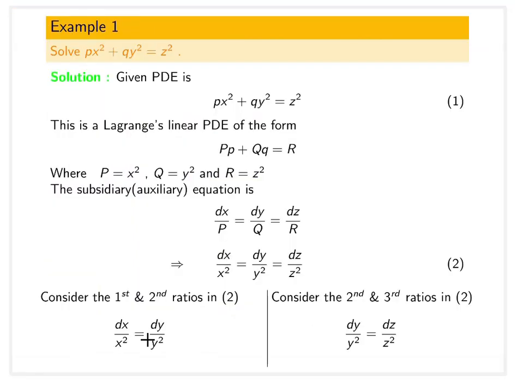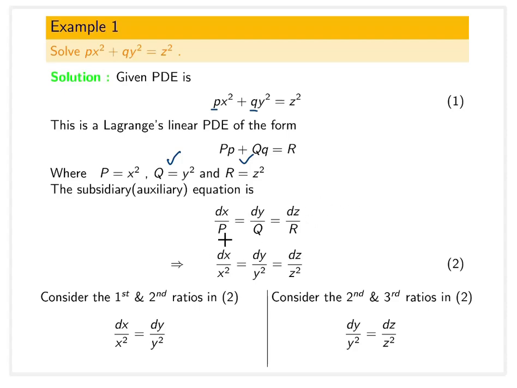Problem number 1: solve p x square plus q y square is equal to z square. Take the given partial differential equation as equation number 1. Since this is of the form capital P small p plus capital Q small q is equal to R, the coefficient of small p is capital P, the coefficient of small q is capital Q, and the remaining part in your RHS is R. Therefore capital P is x square, Q is y square and R is z square.